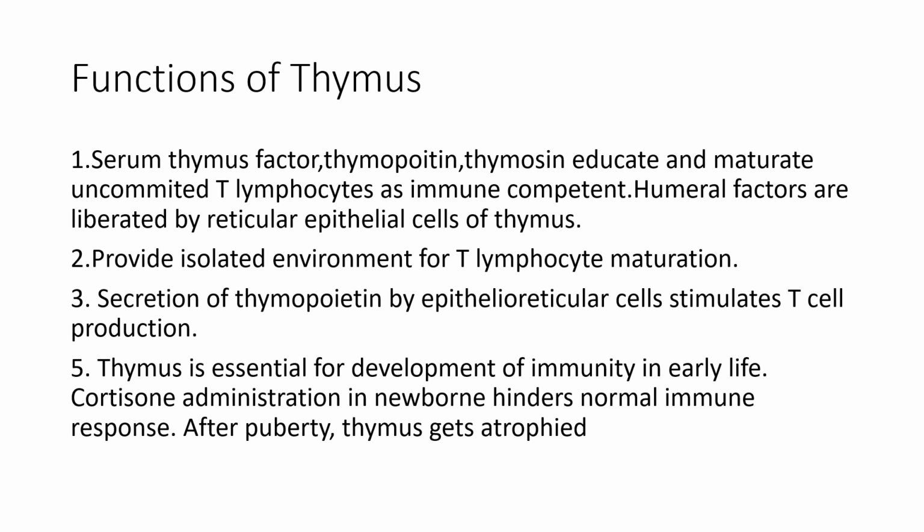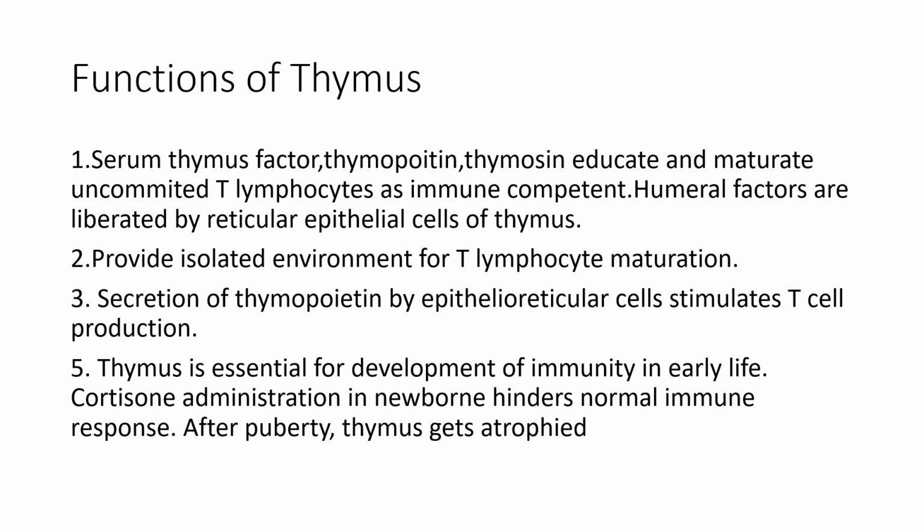The functions of the thymus are that it secretes thymopoietin and thymosin. So the epithelio-reticular cells secrete thymosin and thymopoietin, and these two factors help in maturing the uncommitted T cells so that they become immunocompetent.